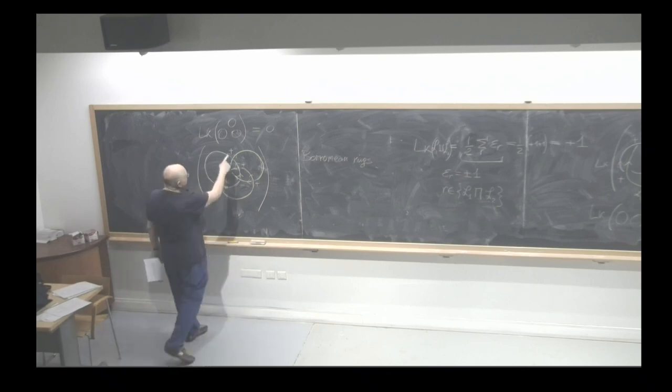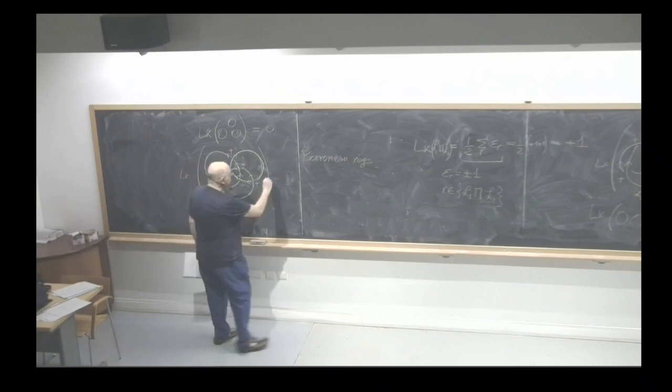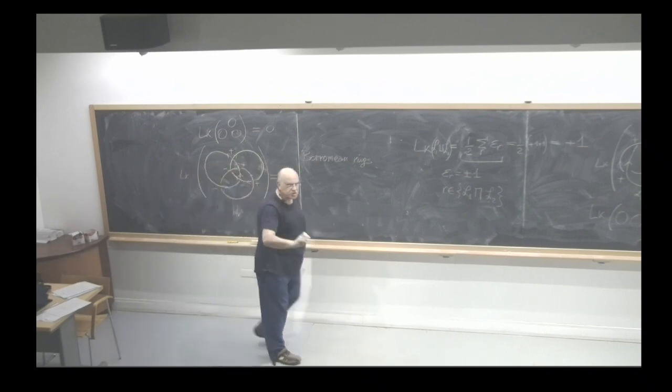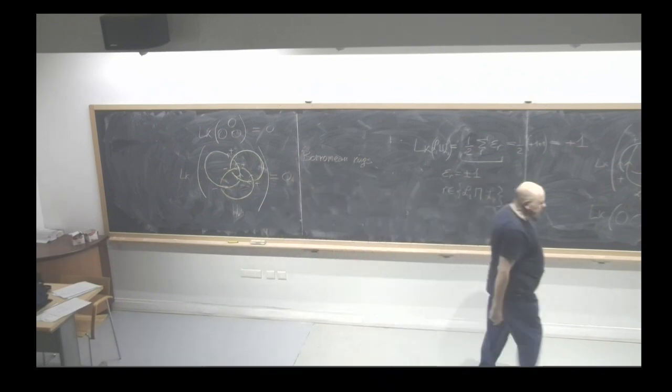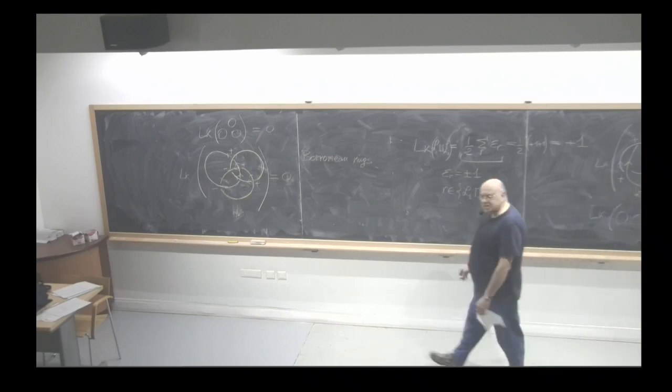3 pluses and 3 minuses. Computation is okay, but my way to see this is different. Anyway, so linking number 0 in this case as well. Oh, another blow. Oh, so linking number is not enough.